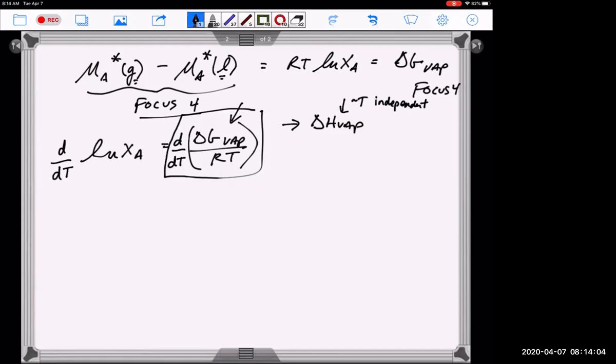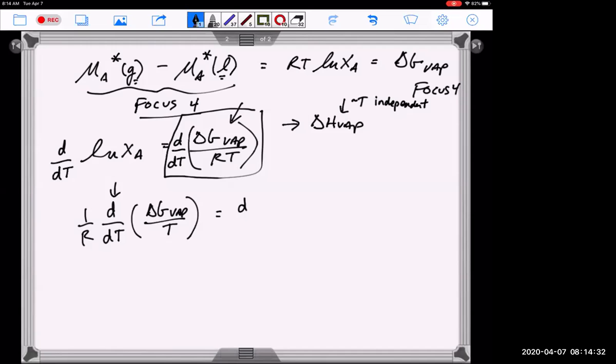All right, so how do we get to the delta H of the vaporization? Well, let's take a look at what we did in focus 4. So we'll just take R out of it because we're not really interested in R. This is going to be equal to d, a total derivative, and both delta G and T are functions of temperature.